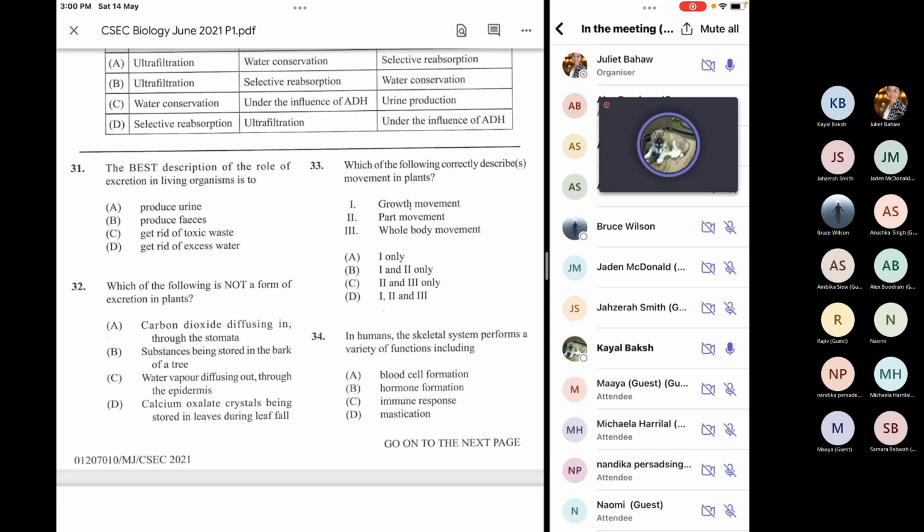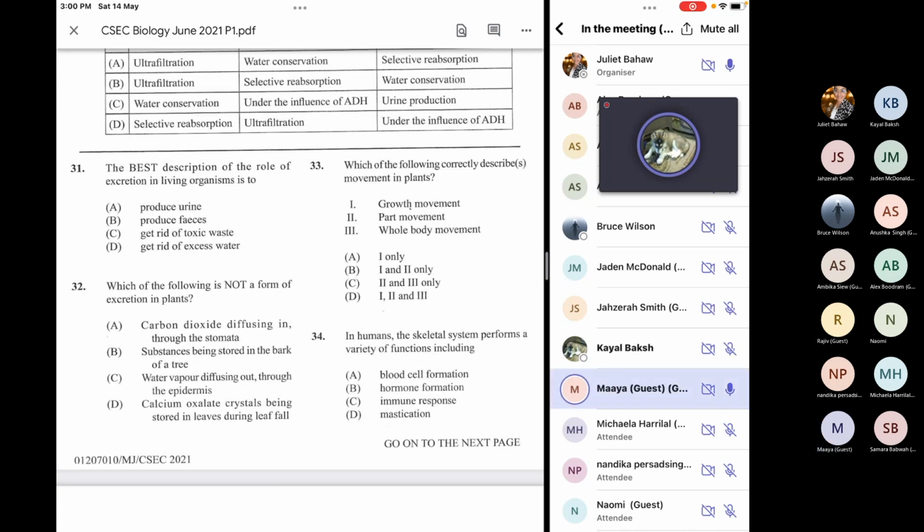I had A. Very good. So when they say diffusing in, anything that is going into the plant cannot be excretion. Excretion is things that are exiting. Some people are going to put C, but water vapor is exiting out of the leaf. Remember transpiration.